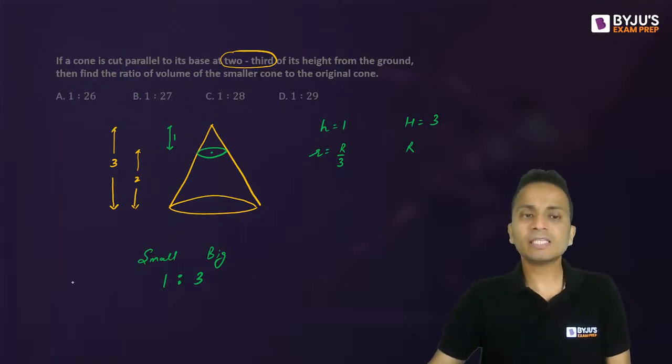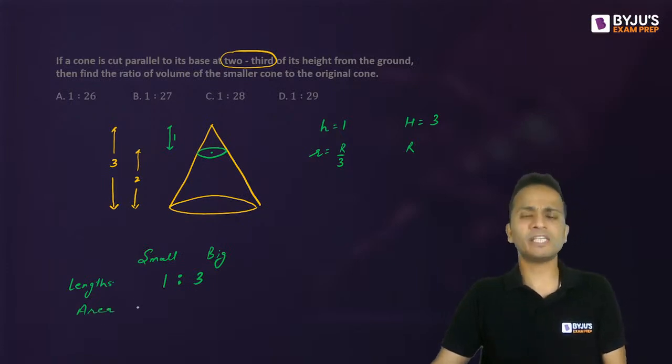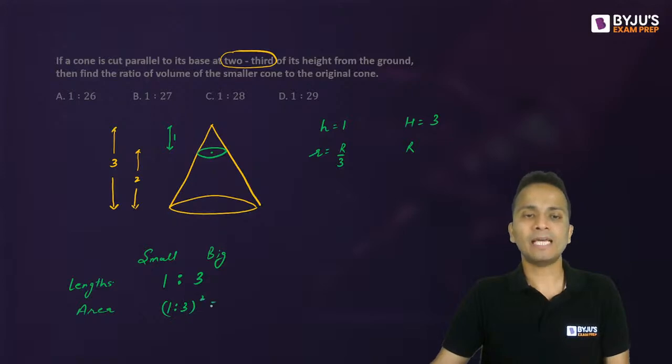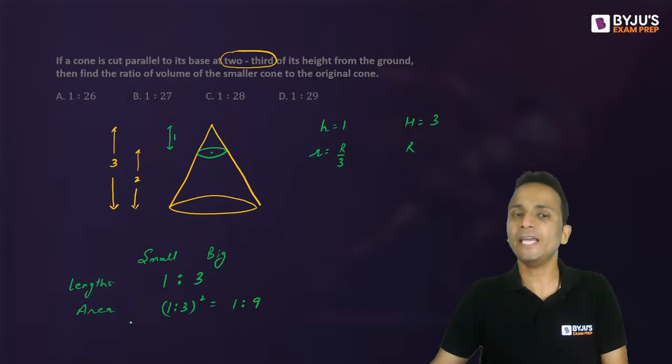Now, 1:3 is the ratio of the lengths, right? The ratio of the areas, curved surface area, total surface area, or whatever, will be the square of the ratio of the lengths. So 1:3 ka square ho jayega, that is 1:9. This is the ratio of the areas.